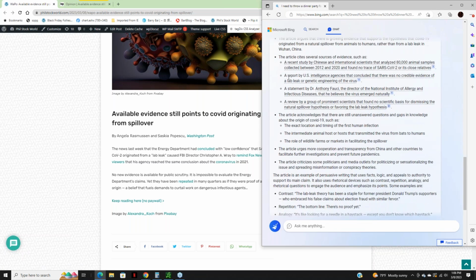Now, I don't want to get into the argument of the whole thing, but once again, there's substantially more evidence leaning towards COVID having started out of the wet market at Wuhan and not the lab.